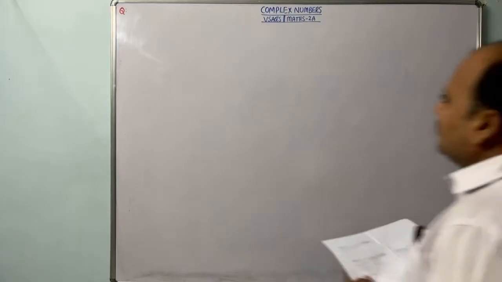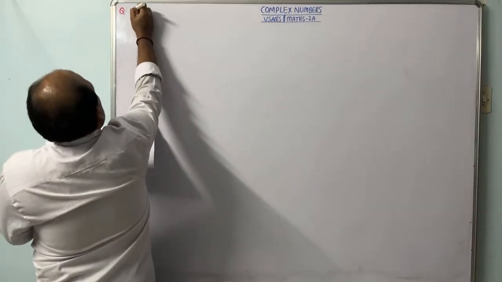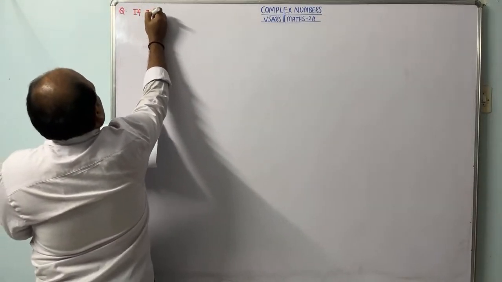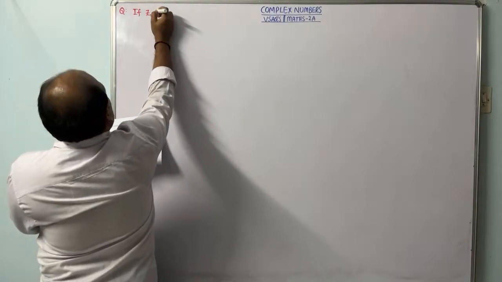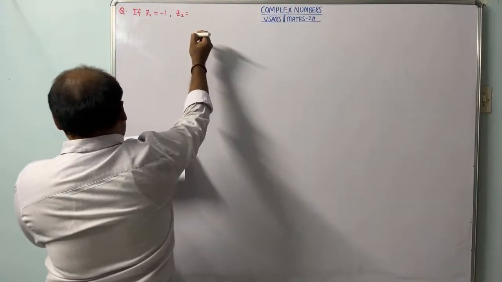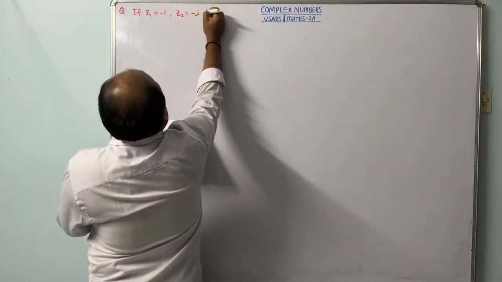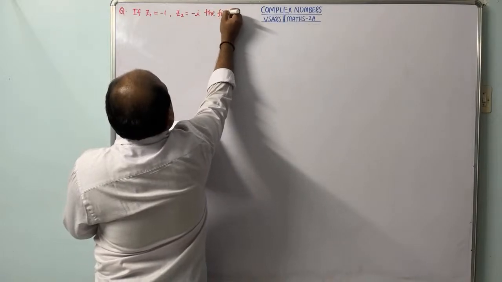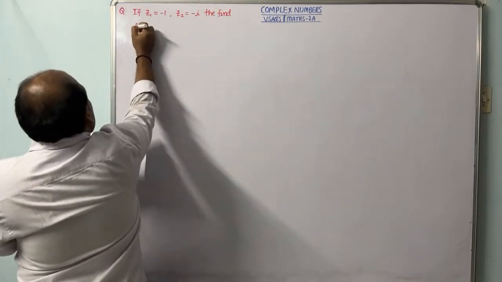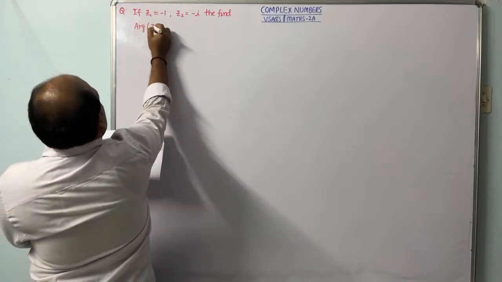Now, questions which belong to arguments. If z1 equal to minus 1, z2 equal to minus i, then find argument of z1 into z2.